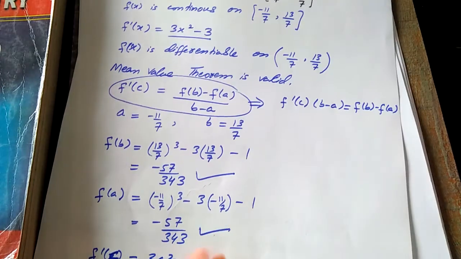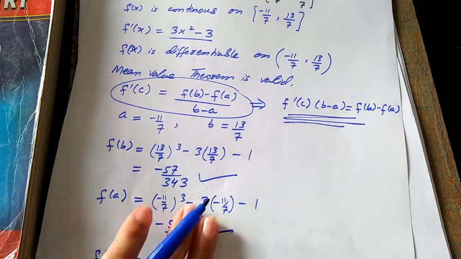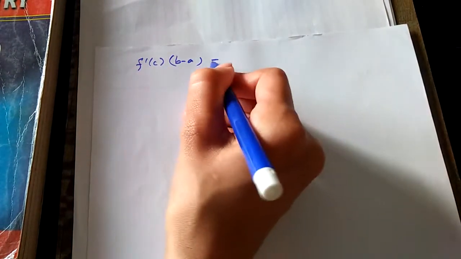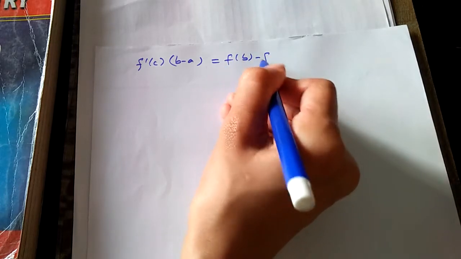I will use all these values in this equation: f dash of c into b minus a equals f of b minus f of a.